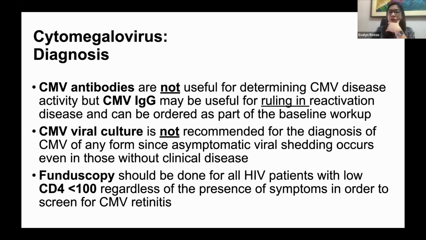So what are the diagnostic tests that we can request for CMV infection? CMV antibodies are not useful for determining CMV disease activity, but CMV IgG may be useful for ruling in reactivation disease and can be considered as part of the baseline workup for the patient. We don't do CMV viral culture, but fundoscopy can be done if you're ruling out CMV retinitis.